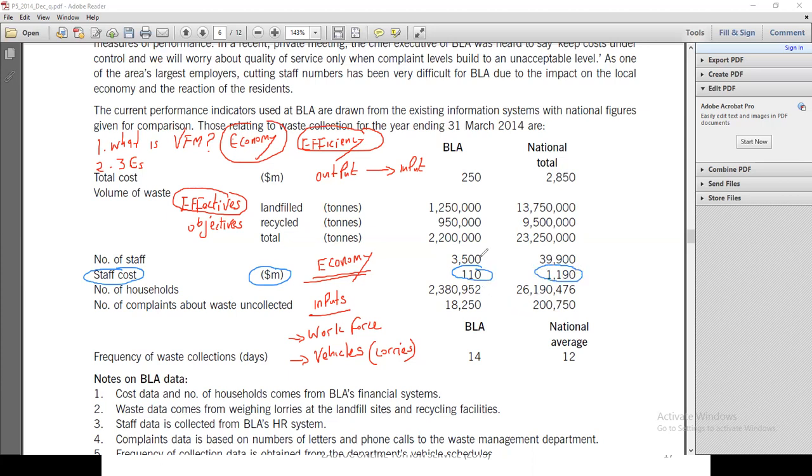The staff are here. So illustratively then, we can check our economy by looking at the cost per each member of staff. So here, we are going to take 110 million, then you divide by 3.5.